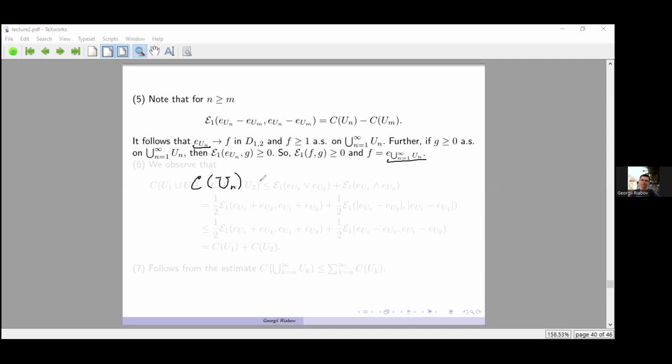So the capacity of UN, which is equal to E1 norm of EUN, converges to E1 norm of f, which is the capacity of the union.